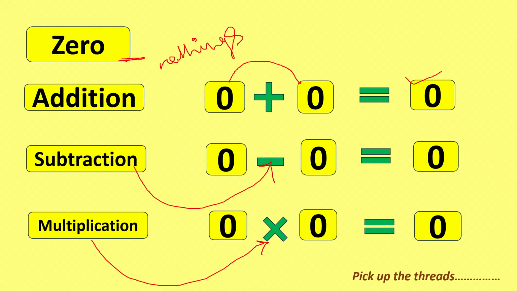That's why we get the same point as the first point. The first point is here, we get the same as our answer. I'll also explain the zero concept in addition, subtraction, and multiplication in the next season of the educational video.